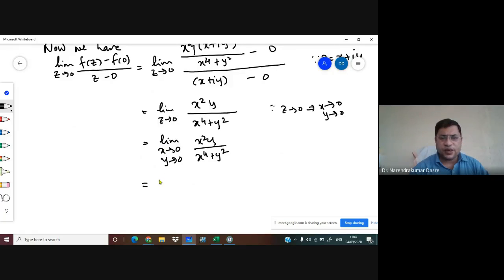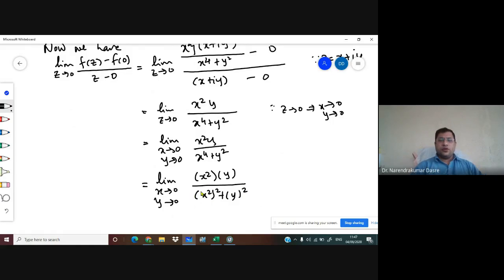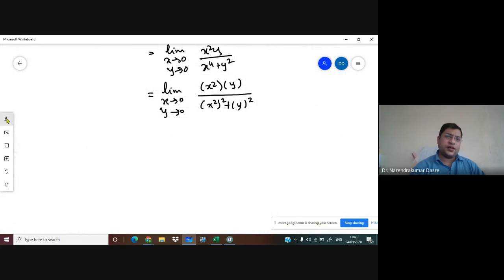Now this has turned out to be the simultaneous limit. So limit x tends to 0, y tends to 0. So I have here x square and y, and this term is x square plus y square. Okay, so when you write this way, then you are able to guess what the relation is which is going to help you. What is the relation that you need to know?